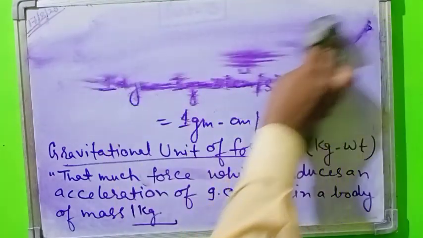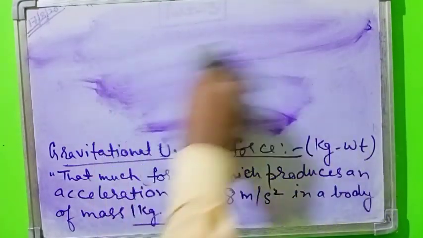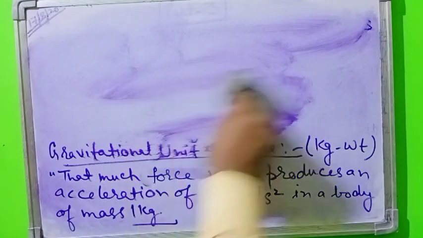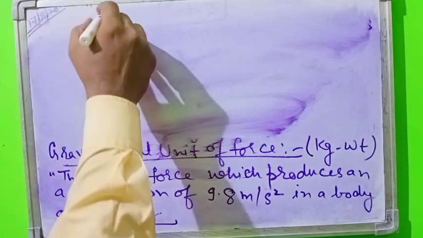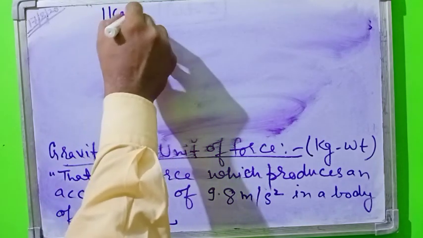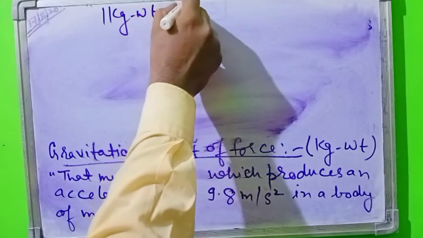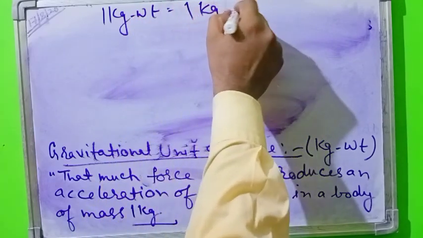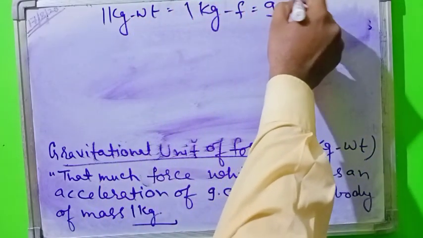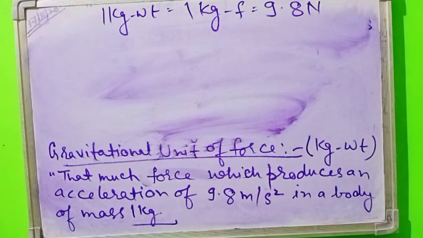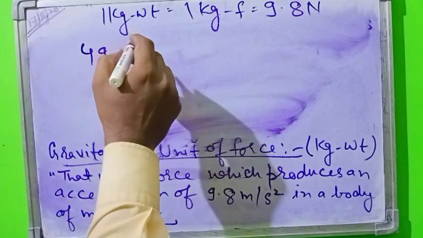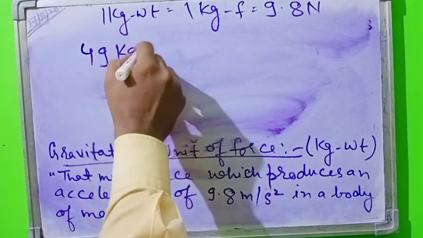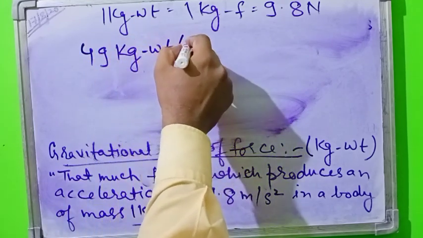Then how can we describe the gravitational unit of force? 1 kg weight is equal to 1 kilogram force, and it is equal to 9.8 Newton. Various times you have seen the force given as kg weight or kgf.